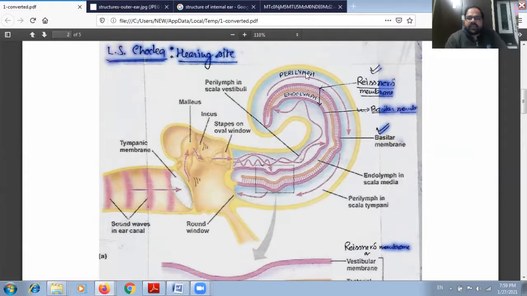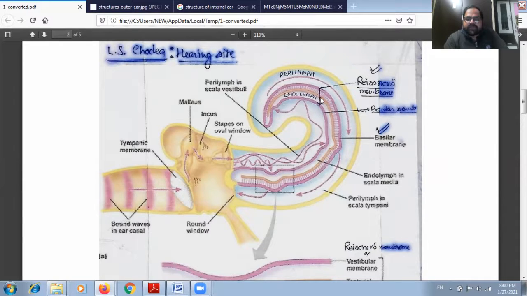As I told, outside of the inner tube there is a fluid which is called perilymph. We can see here, this one is the perilymph, and inside this tube there is another fluid which is called endolymph.